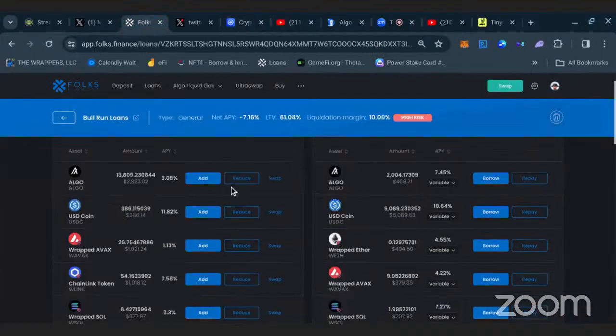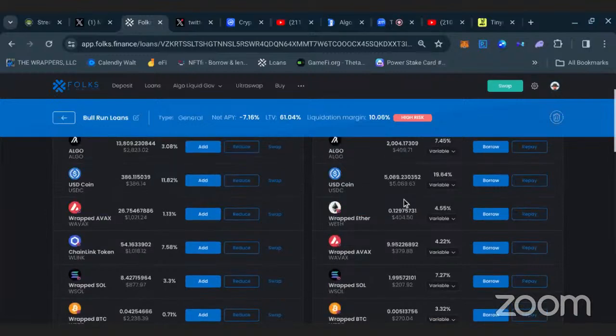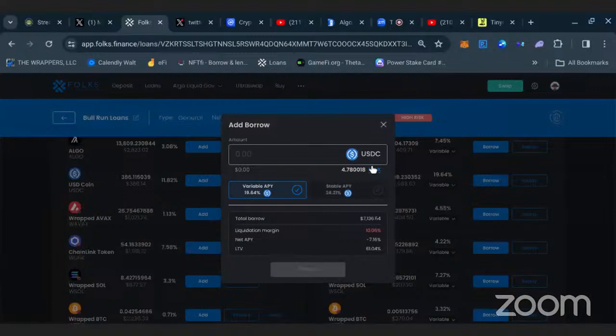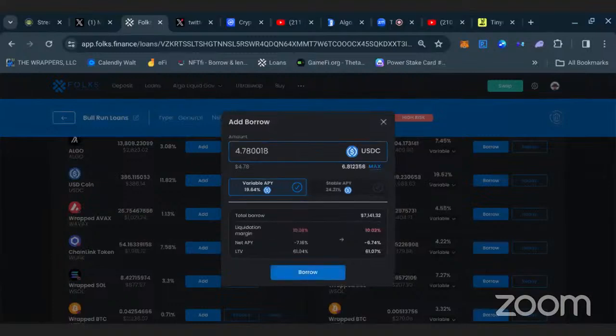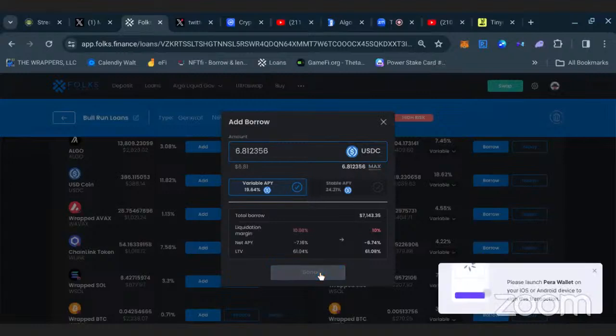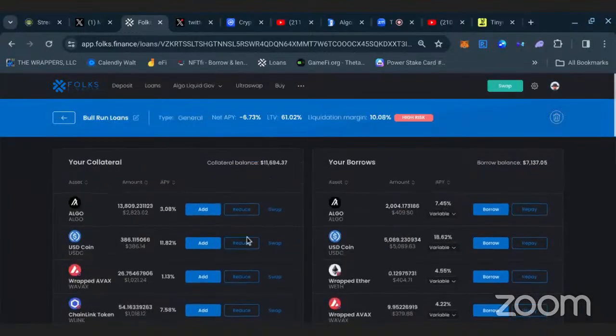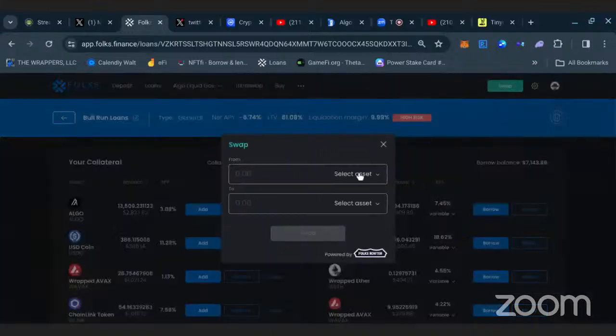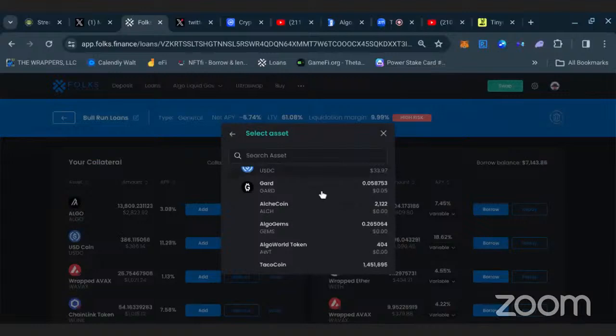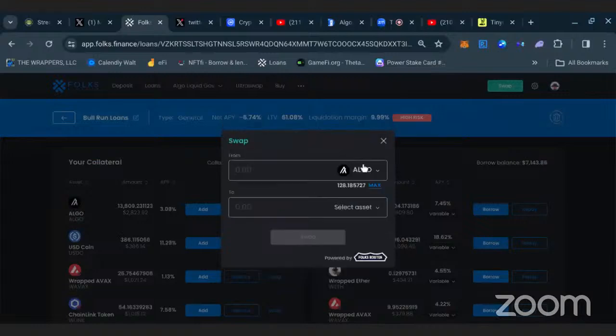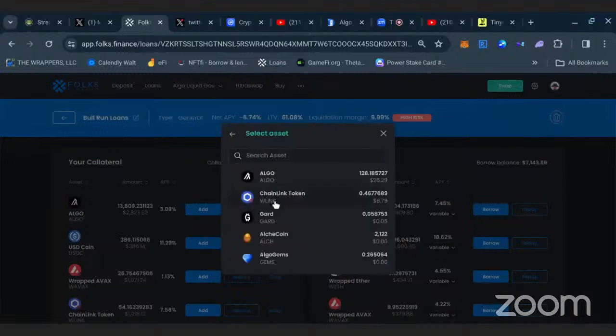And I got it because I was using Folks Finance, right? For example, right now, I'm going to borrow $6. It just went up, see? So I'm going to borrow this $7 basically. But instead of adding the USDC back to the collateral this time, just because we're talking about it, I'm going to turn that $7 of USDC into Ethereum.